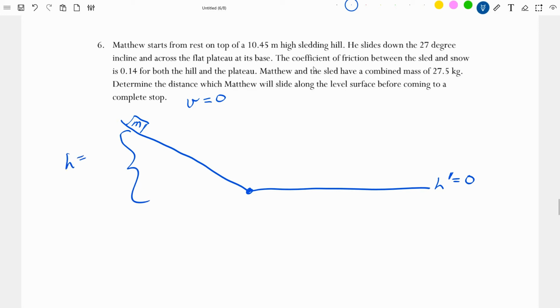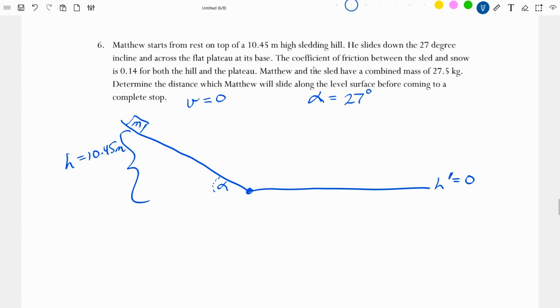I didn't have to do any trig or anything. 10.45 meters. He slides down the 27-degree incline. So from the horizontal here, this angle alpha, the inclined plane angle, is 27 degrees.